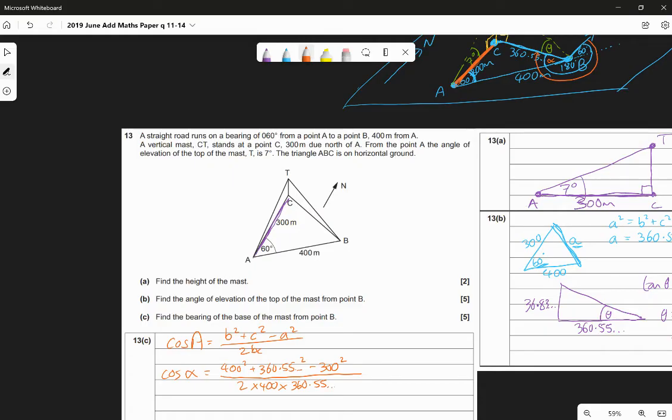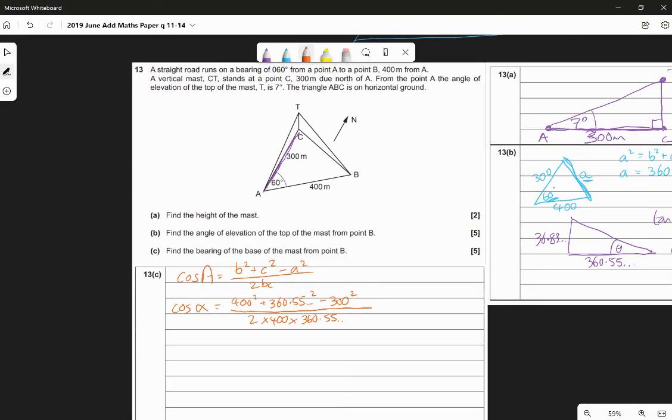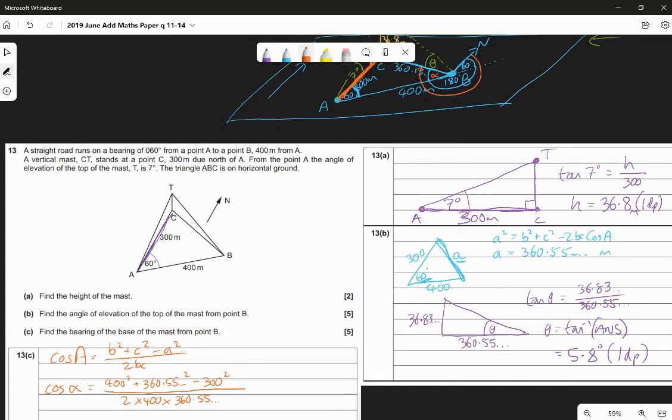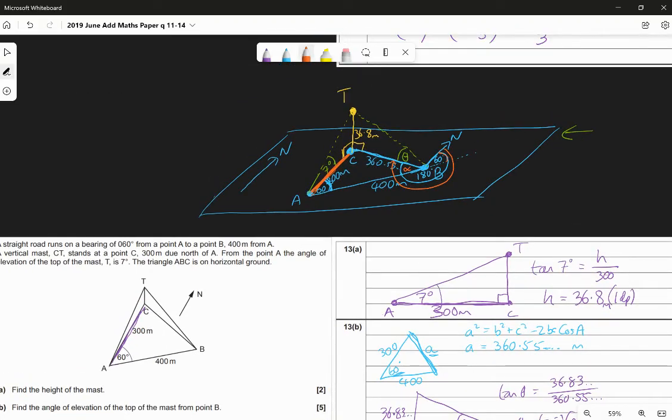And once I've found that, I then do the inverse cos of the answer, so cos to the minus 1 of the answer, to get my value of alpha. And if I do that correctly, then my value of alpha is 46.1 to 1 decimal place. And then I said that I would just add that to 60 and to 180, and I've got my bearing.